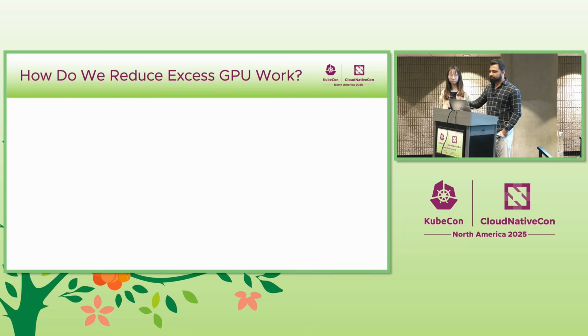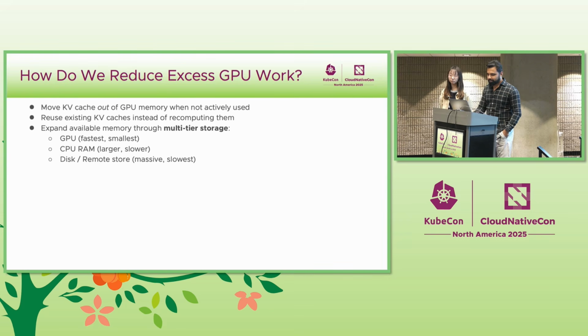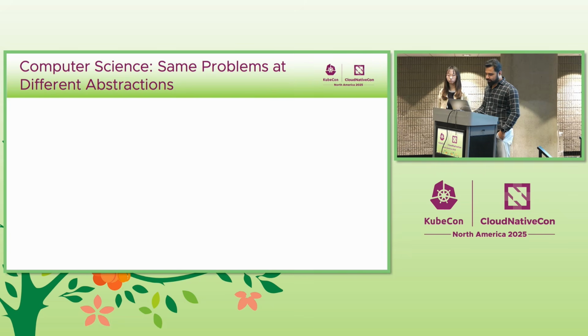So how do we reduce this extra work? One of the ways is to move that KV cache somewhere, or load that KV cache from somewhere. You can do both. You can use tiered storage: the GPU memory being the fastest, then CPU memory, and then a disk or remote storage. The idea is to use GPUs for active generation and not as storage; use something else for storage.